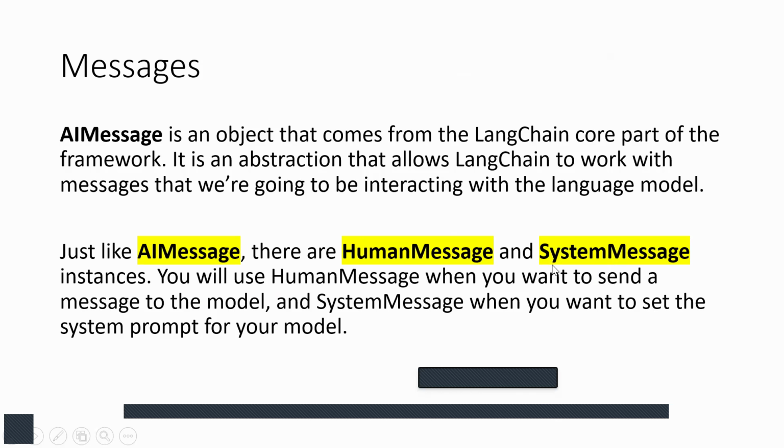We say that you are a helping assistant, or we will say you are an HR for XYZ company. Your behavior should be like that. So all those things we will be doing in the system message object. Is it clear now? So AI message is an object that comes from the Langchain core part of the framework. It is an abstraction that allows Langchain to work with messages that we are going to be interacting with the LLM. Is that clear?